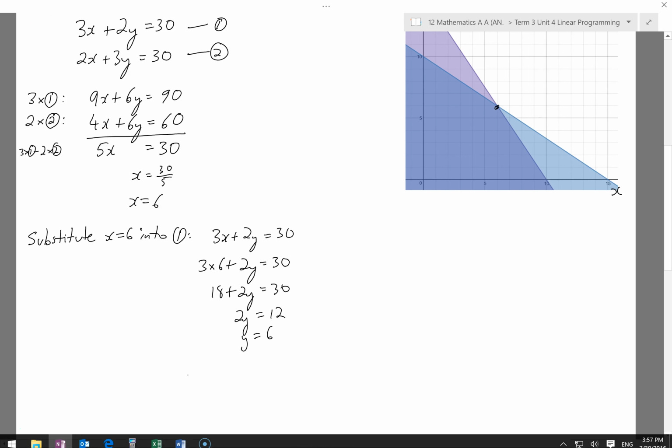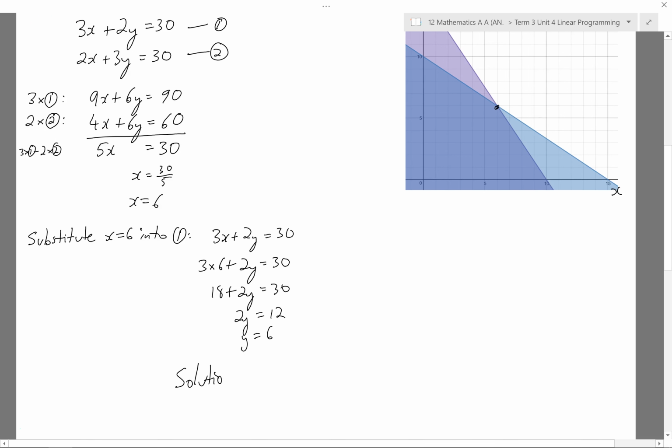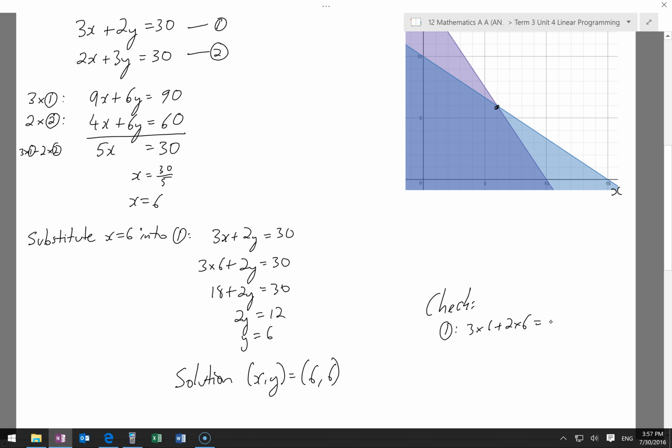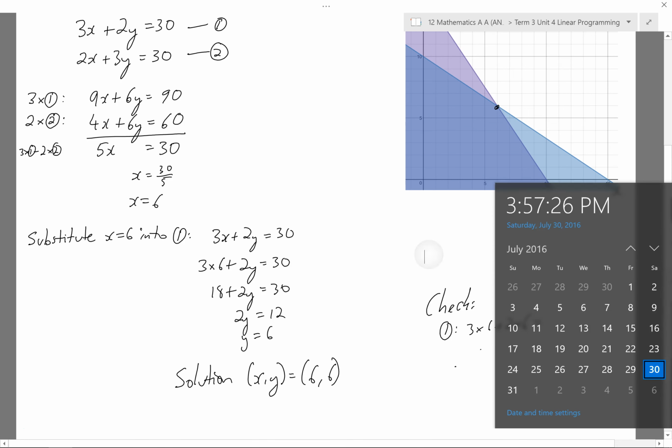My solution in terms of x, y is 6, 6, just as I predicted it would be from the graph. I better check that it works for both equations. In equation 1, 3 times 6 plus 2 times 6, is that equal to 30?